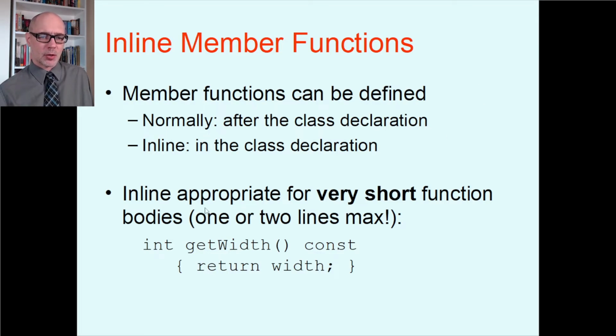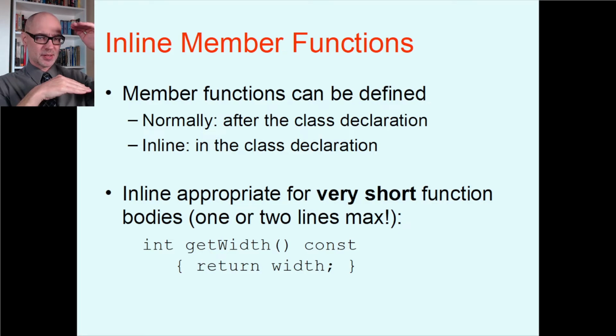Inline functions are only appropriate, I would say, for very short function bodies, when the function is only 1 or 2 lines at most. Ideally, we've been saying all along that you really want a function to fit on screen at one time. When another programmer reads your function, they ought to see the start and end and see the whole thing visually on the page at one time. Ideally, same thing for class declarations.